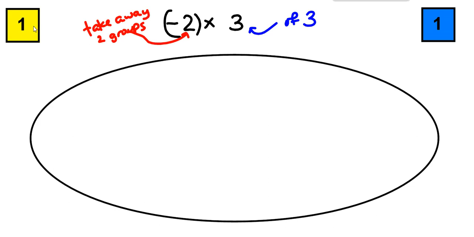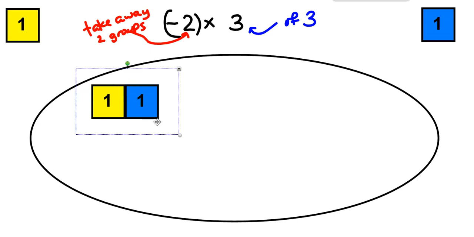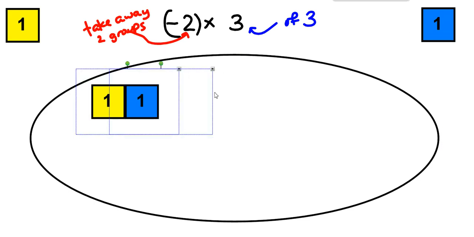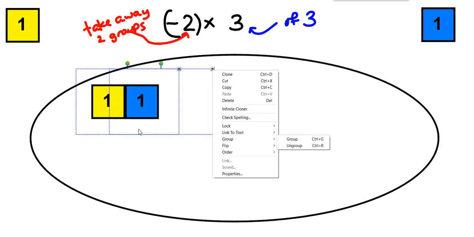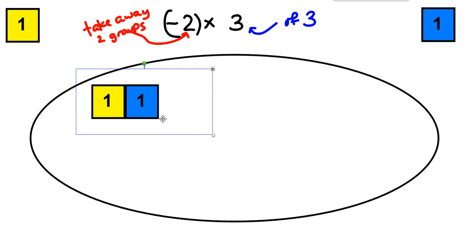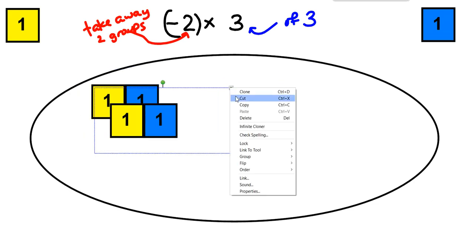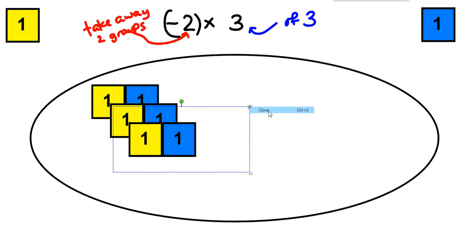So we ask ourselves, could we make 0 pairs? Could we put 0 pairs into the mix? And that answer, of course, is yes. You've got a 0 pair, and then you can just make a bunch of 0 pairs.